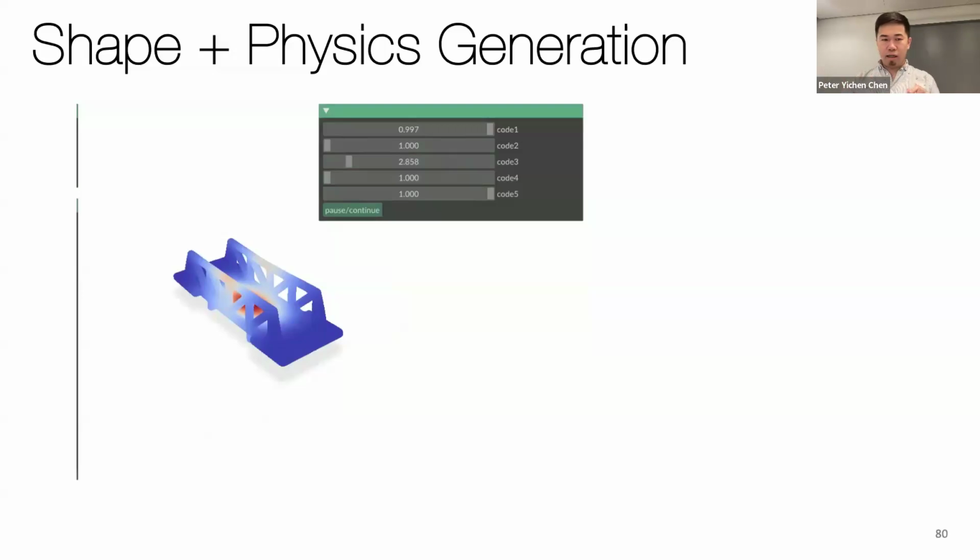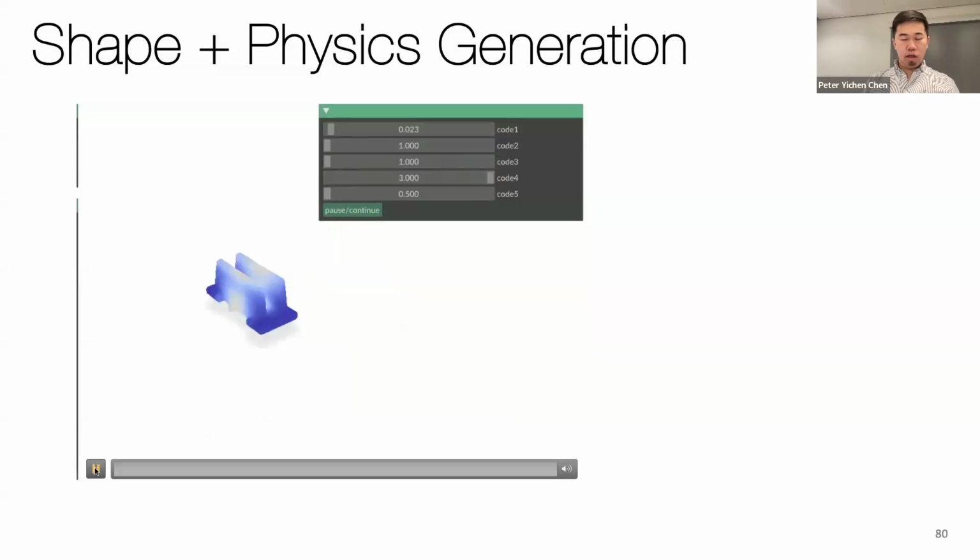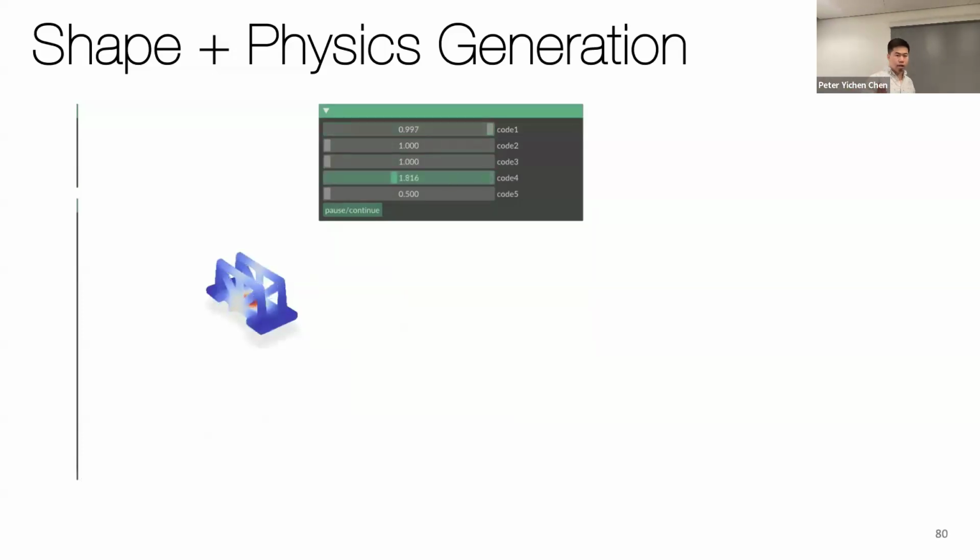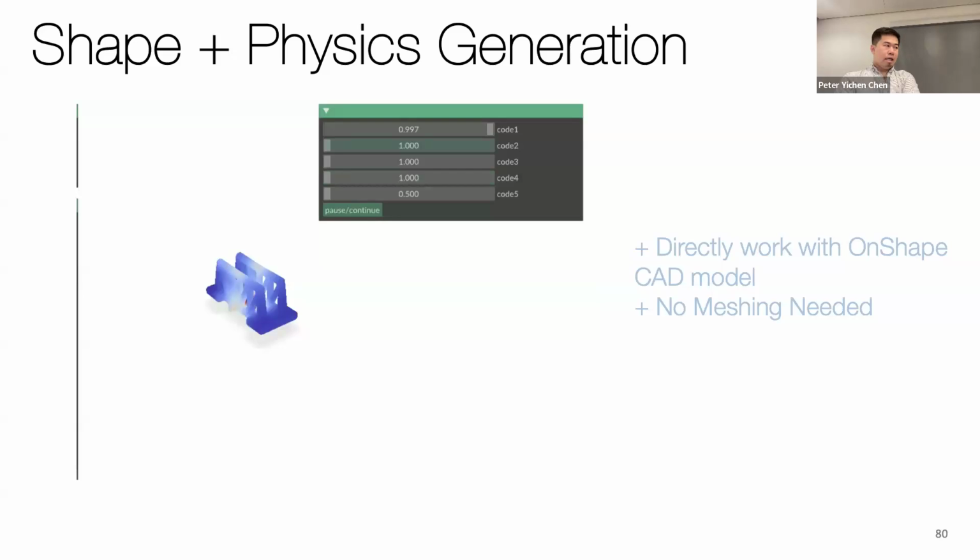As you drag the sliders, you have a different shape, and then we're still simulating them in real time. So basically we took the data, these bridge data, from on-shaped CAD models, and no meshing is needed.